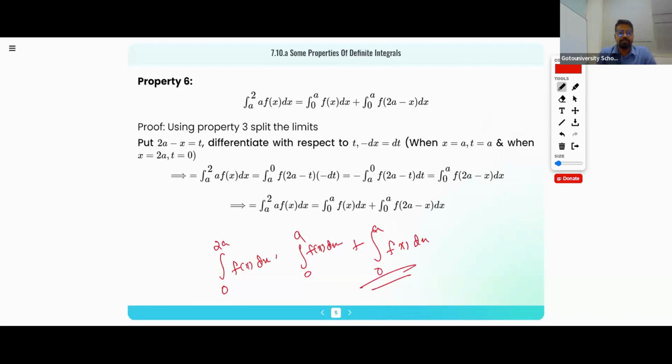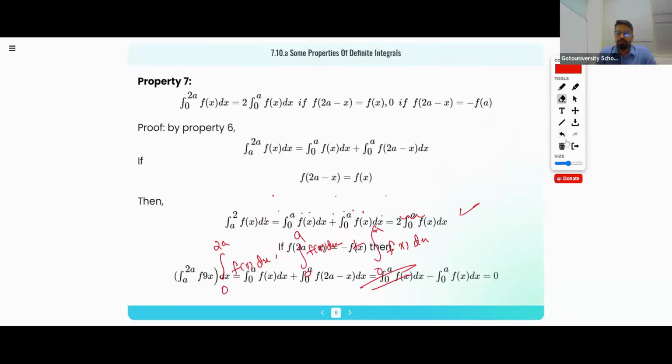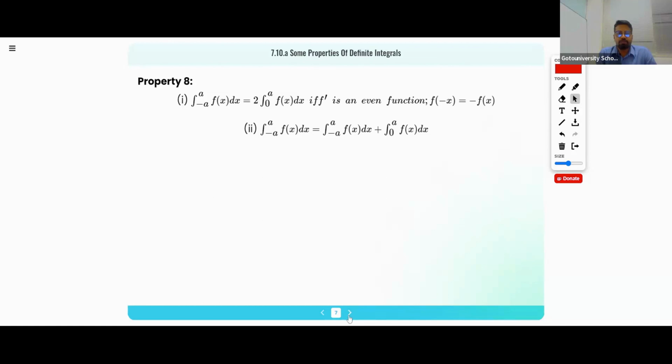So we can also write it like this: 0 to 2a f of x dx can be written as 0 to a f of x dx plus 0 to a f of 2a minus x dx. So please try to remember these theorems. That 2a minus x is coming from the previous property. I'm just taking a quick review of all these properties.